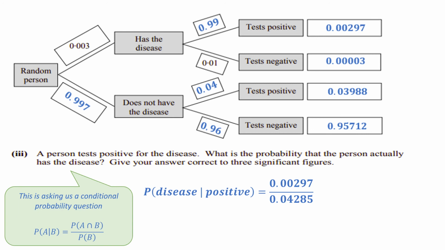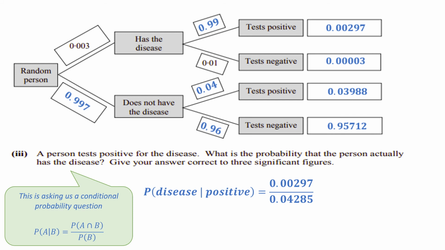The probability of A intersection B is the probability that they have the disease and are positive. So that's our 0.00297 over a total of 0.04285, which is the total probability of them being positive that we worked out in part 2.